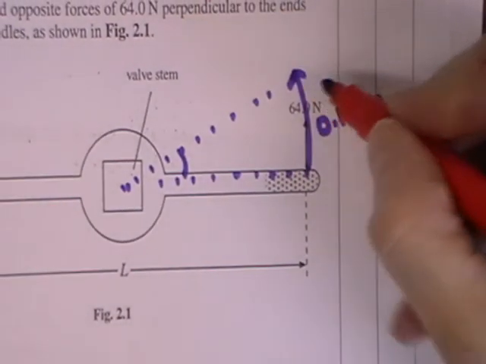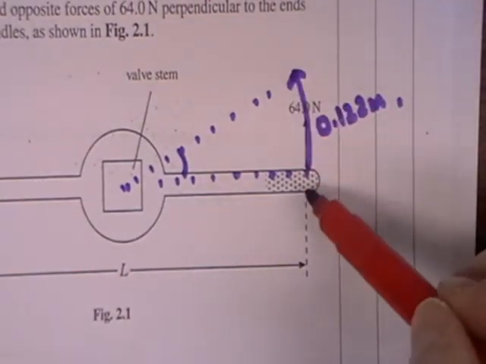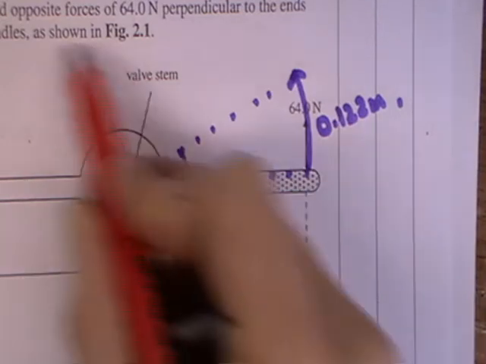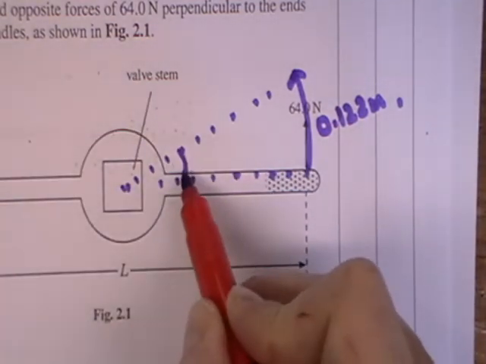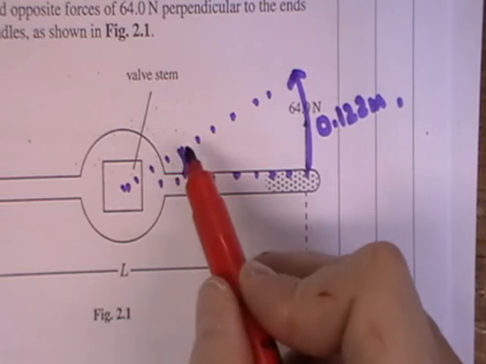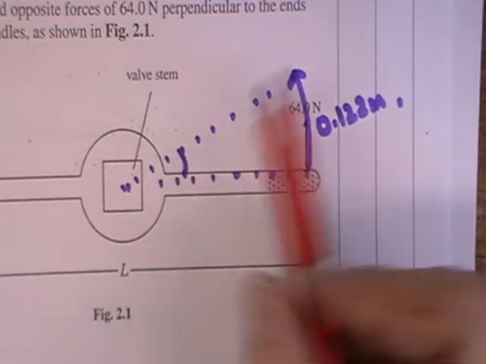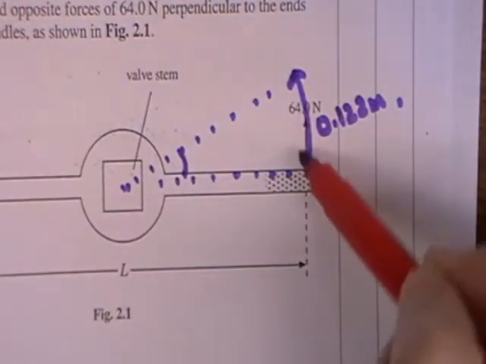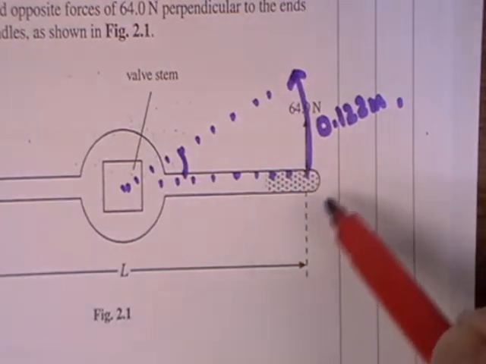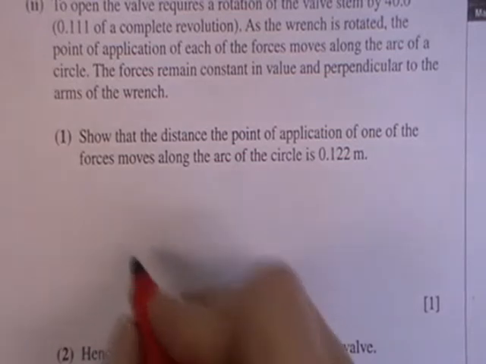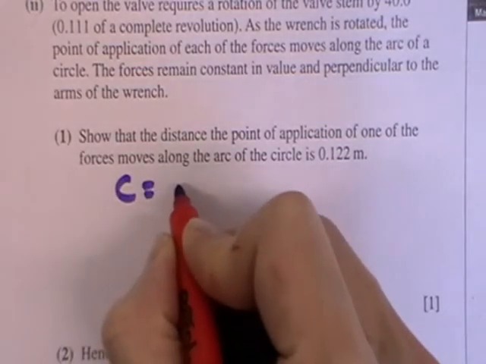So this is the 0.122 meters that you're trying to prove. This is the ratio of the entire circle that it's moved by, and this is 0.111 of a complete rotation. And so you're going to work out the circumference of the circle and multiply it by 0.111 to hopefully get 0.122. So circumference of a circle, C is equal to pi times D.